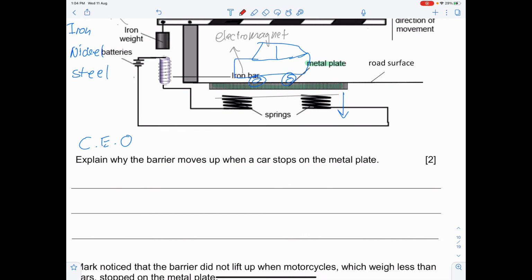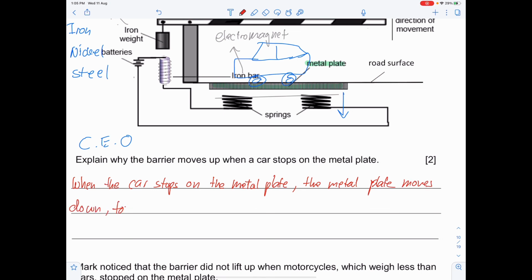So we know that when the car stops on the metal plate, the metal plate will move down, touching the spring. Then CEO.